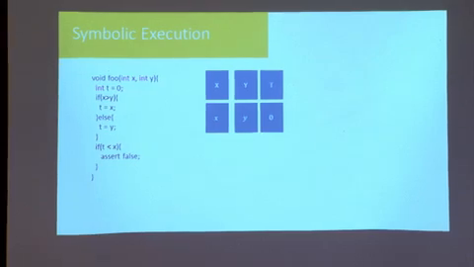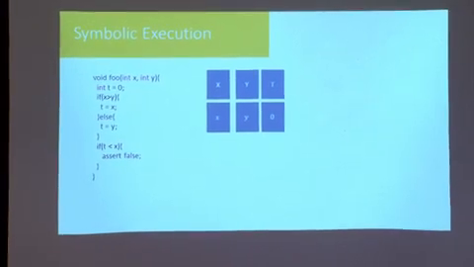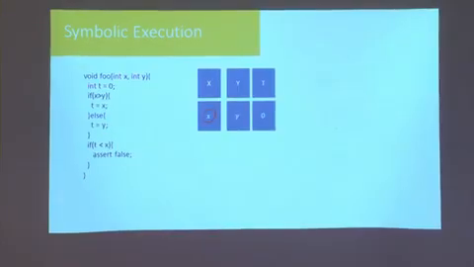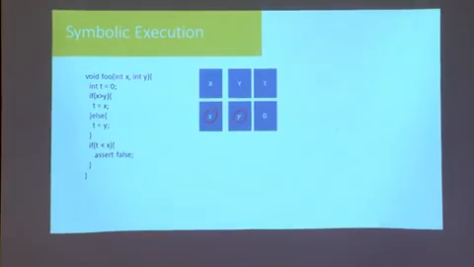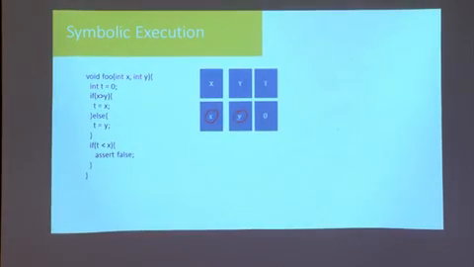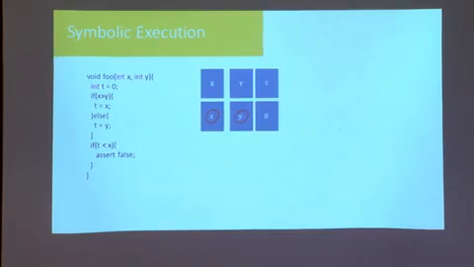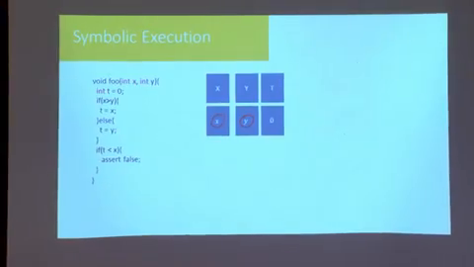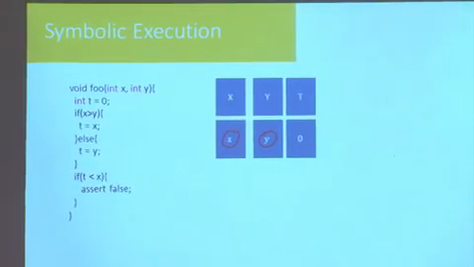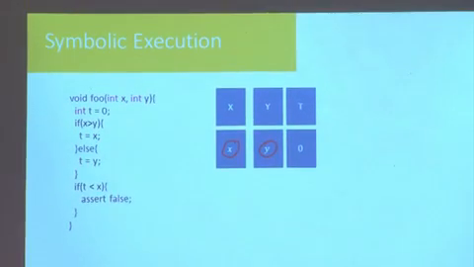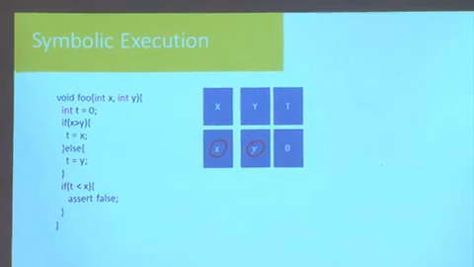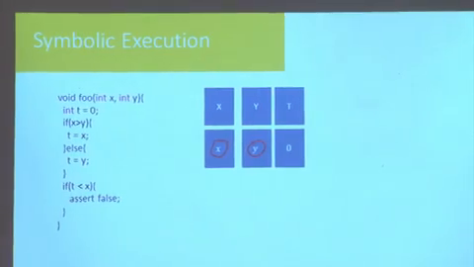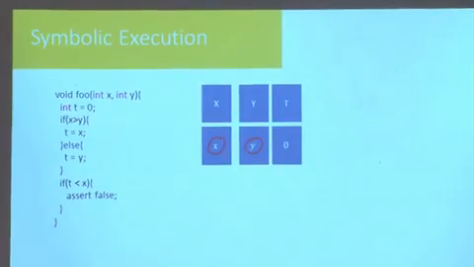But now, instead of concrete values for x and y, what I'm going to have is a symbolic value, just a variable that allows me to give a name to the value that the user is going to provide at the input. So the state of my program is no longer a mapping from variable names to concrete values.